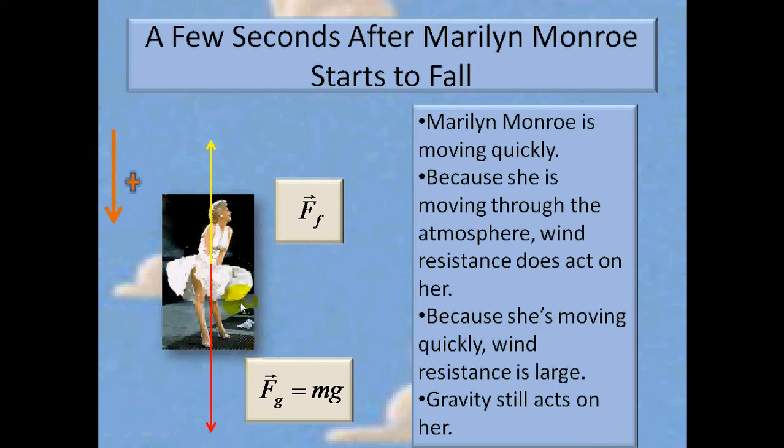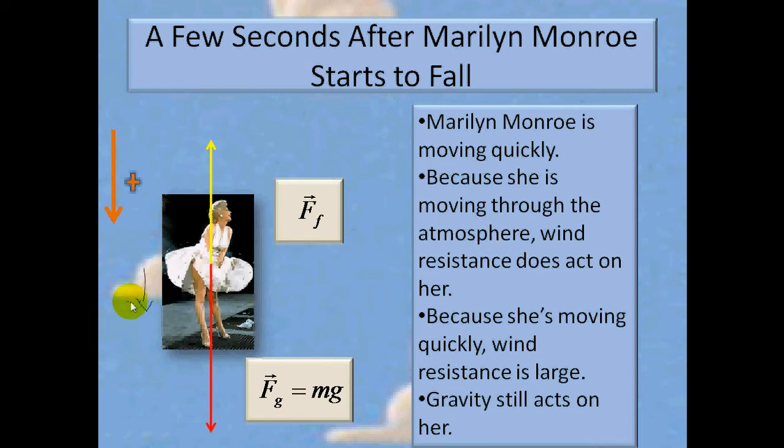Notice there's still a gravitational force exerted on Marilyn Monroe. Notice it still points downward. But her net force now, if we add up the wind resistance and the force due to gravity on her, would be something like this. So her net force is quite small now. That means that her acceleration is also quite small.